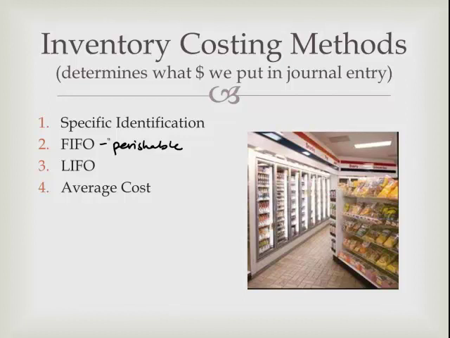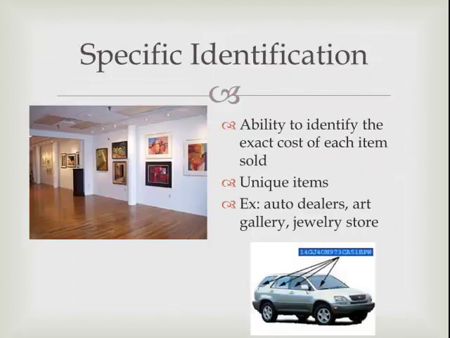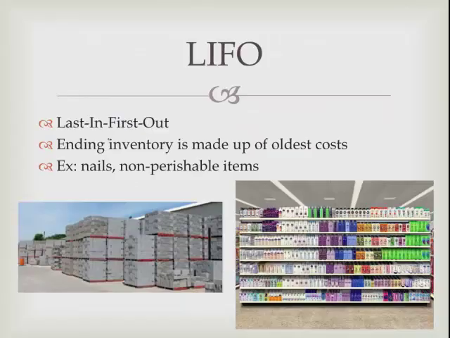Average cost would be used for a product that you couldn't separate, where it all mixes together, like gasoline. Gasoline is the best example for that. With gravel or mulch, it's really kind of last in, first out, because you pile it on top and then you take away from the top. So average cost would be something that mixes together. We went through each of those.